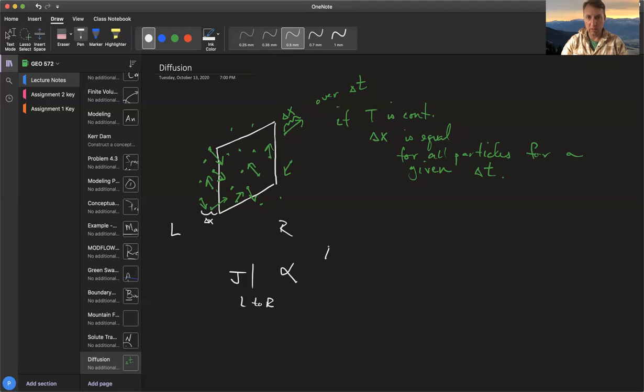So we might write this as the number of bits on the left within delta x. All right, that's left to right. And by similar reasoning, we could say the flux from right to left is proportional to the number of bits on the right within delta x. All right, so how many bits are within delta x on this side of the plane?